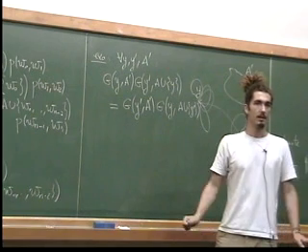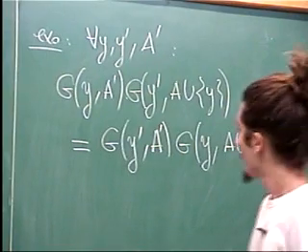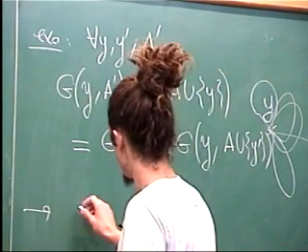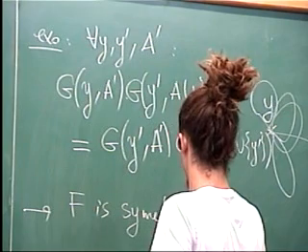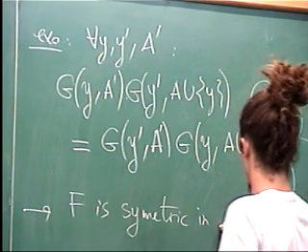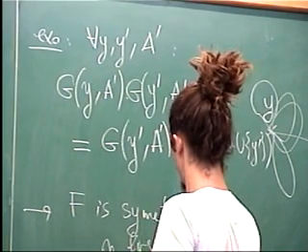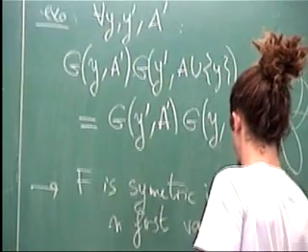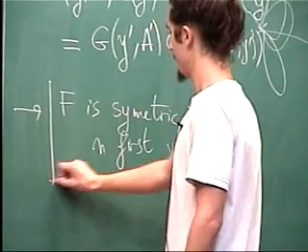Is the idea clear of this proof, right? So with this, you get that f is symmetric in its n first variables. Okay?